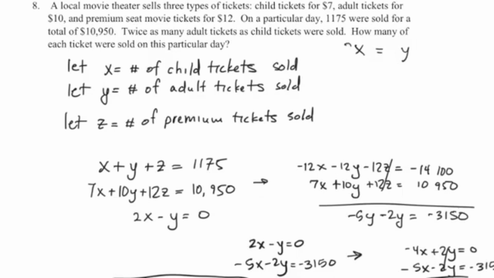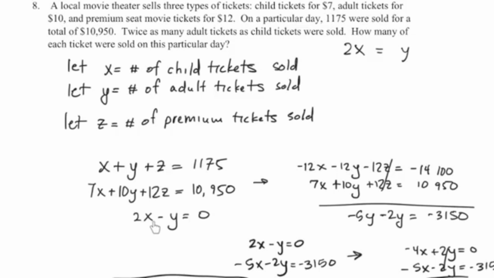So the statement is 2x equals y. That's where this third equation came from; I just subtracted y to get it equal to 0. So we've got our three equations set up, and the only thing left is to solve.